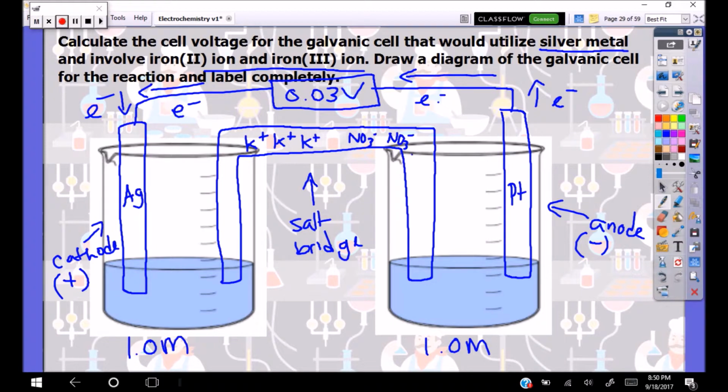I'll have another nitrate in here. There you go. So all of the positives would migrate towards one end, all of the negatives would migrate towards the other end. So we have the reduction of our silver ions going on here.